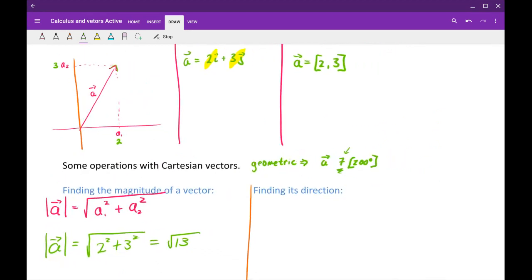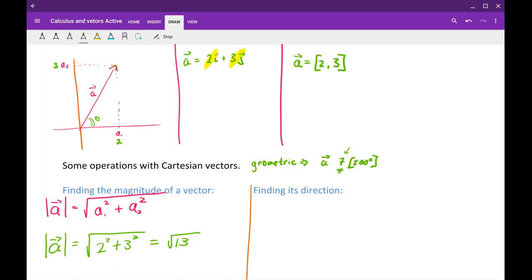Well, how would I find its direction? Remember, the direction of this vector you can represent with some kind of angle in trig bearing, maybe, or you could represent it in true bearing, or quadrant bearing. I'm going to generally stick with trig bearing because it's one of my preferred ones.